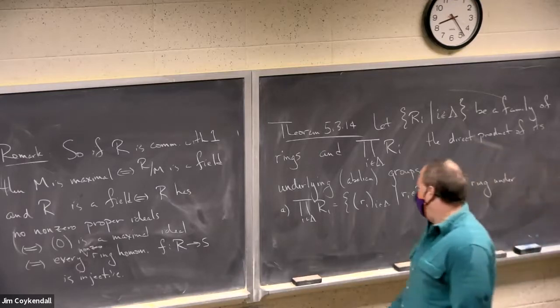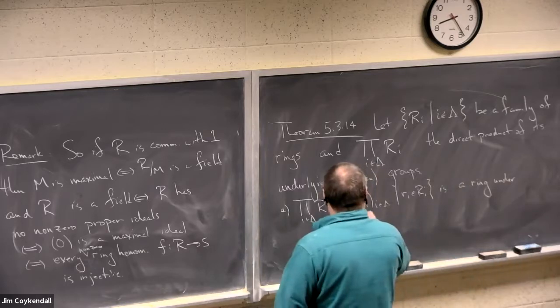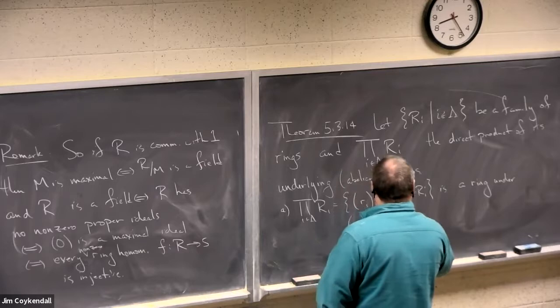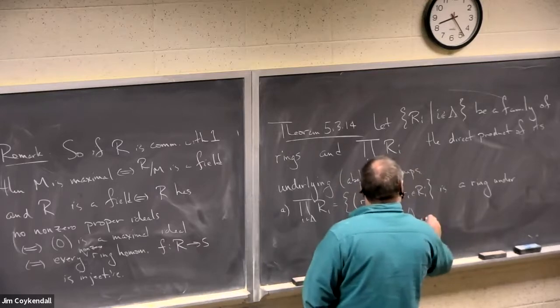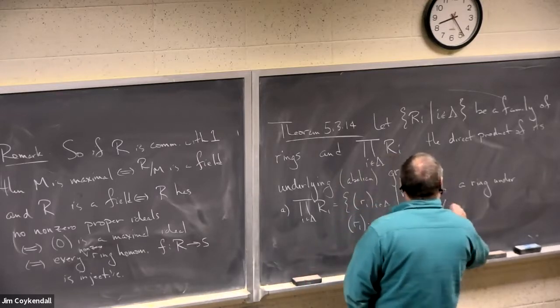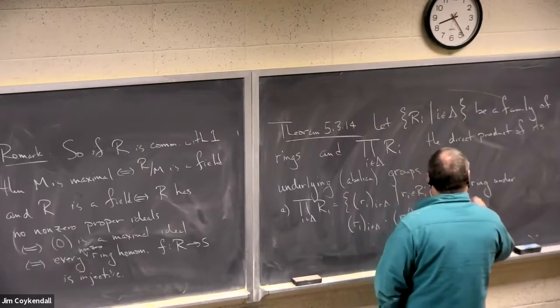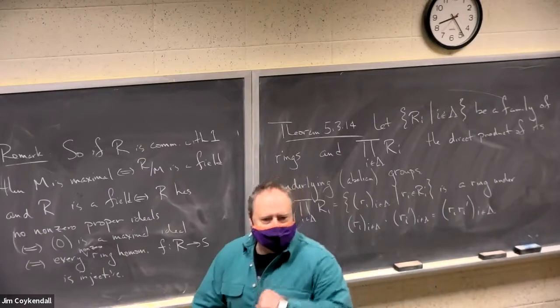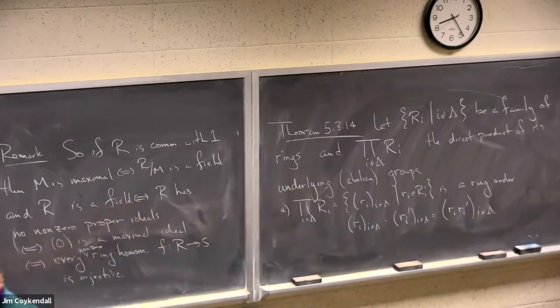So what I mean by that is (r_i) times (r_i') is (r_i r_i'). I love math, right? You just do the easy thing, right? So under pointwise multiplication, this is a ring.